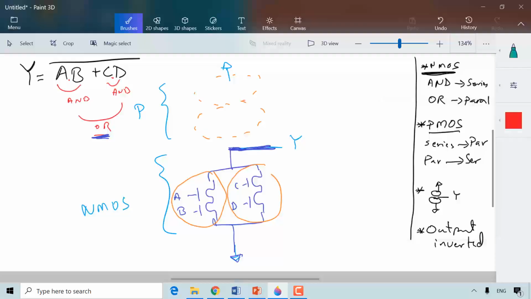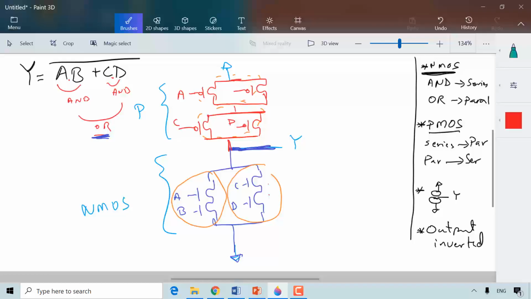So now you can see that I have A and B in parallel, and then they are in series with C and D. C and D were in series, so they become parallel. This is C, this is D. So this is parallel, and this is my circuit right here.